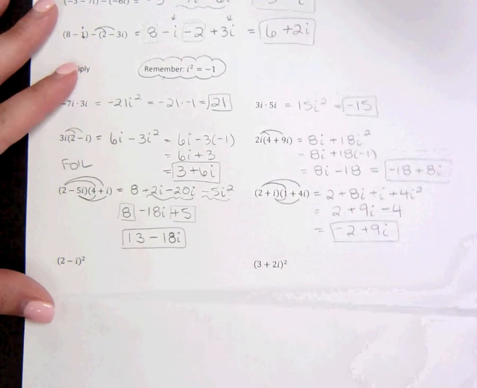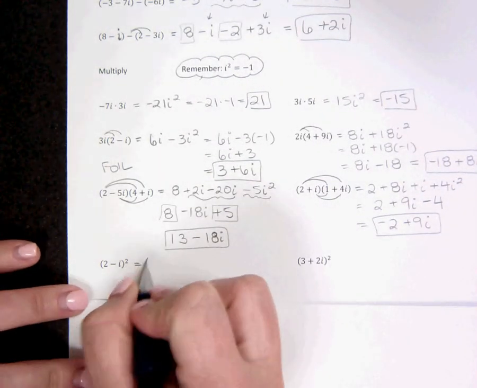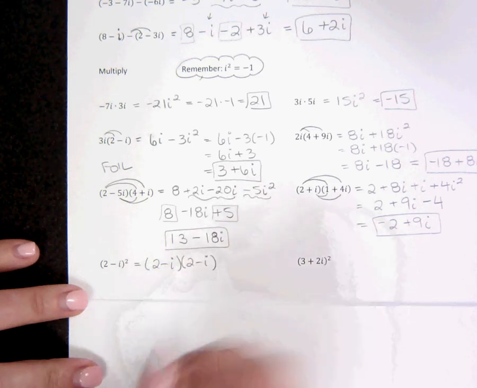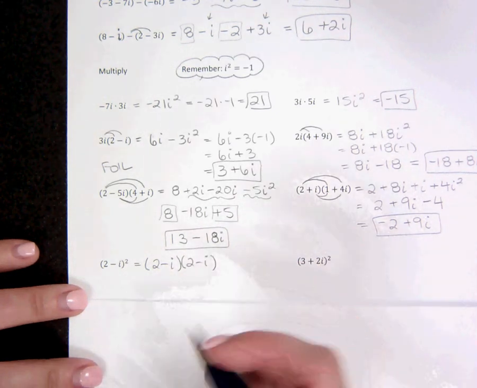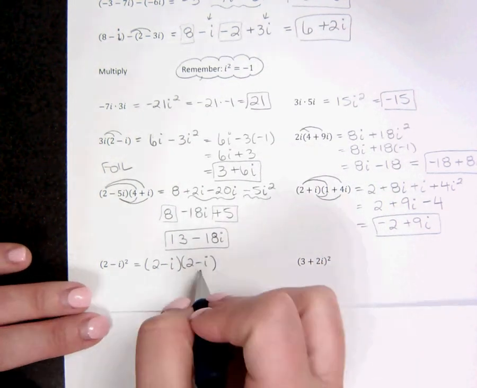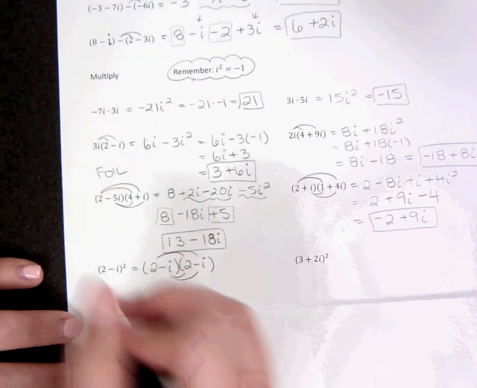Look at a few more of these. 2 minus i squared. So when the square is on the outside, remember we have to write it twice. There are some shortcuts that you can do in your head, but in all my experience, students just mess them up, and I don't want you to be frustrated. So just write it twice and multiply it out. Students are much better seeing everything that they're multiplying.